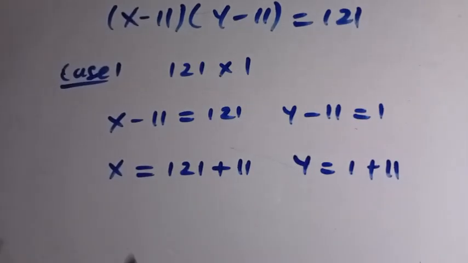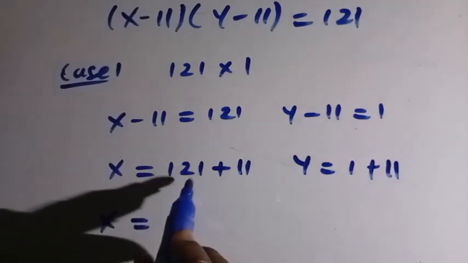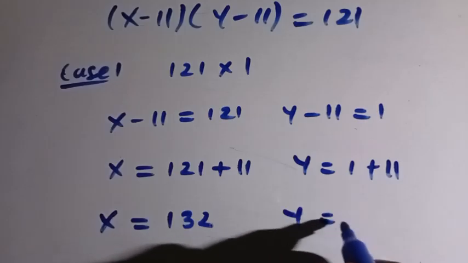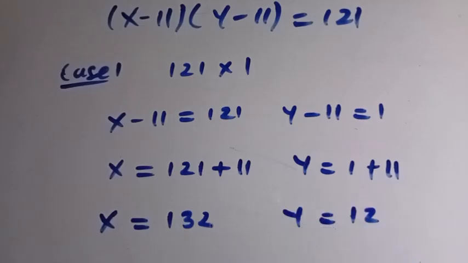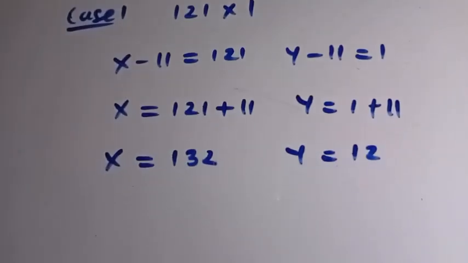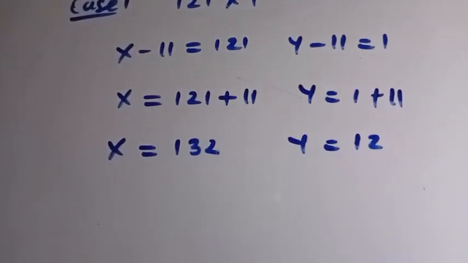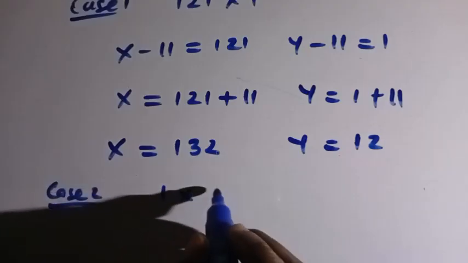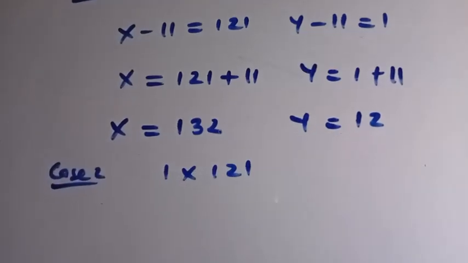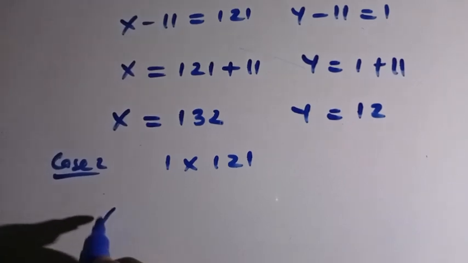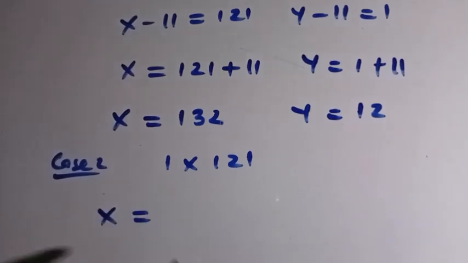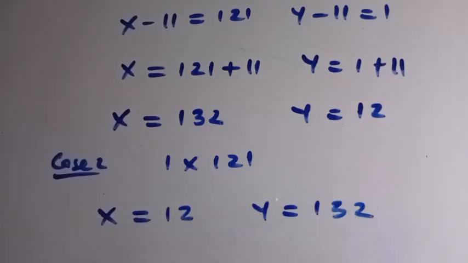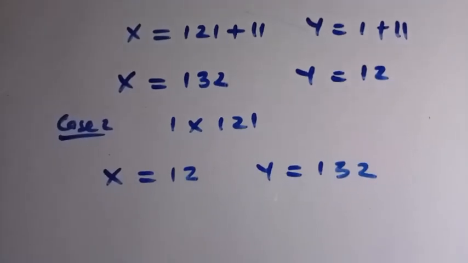Then by this, we can see that our x here equals 132, and also we have y equals 12. So I consider the second case. For case 2, when we have 1 multiplied by 121, by solving this, we can see that our x will be equal to 12, and our y will be equal to 132. So this is very nice.